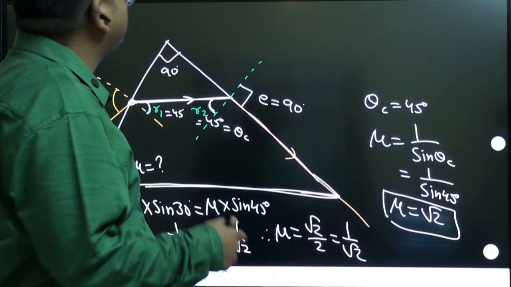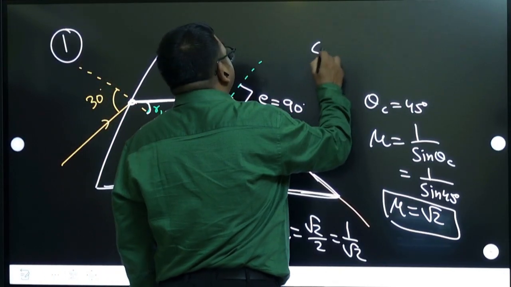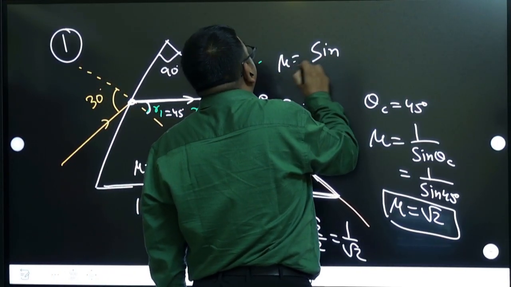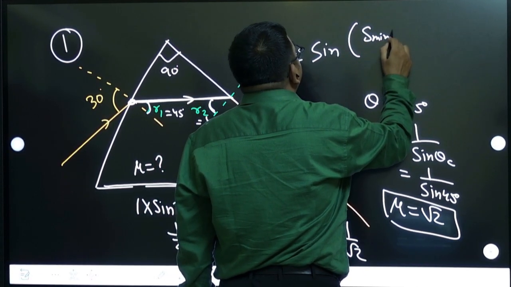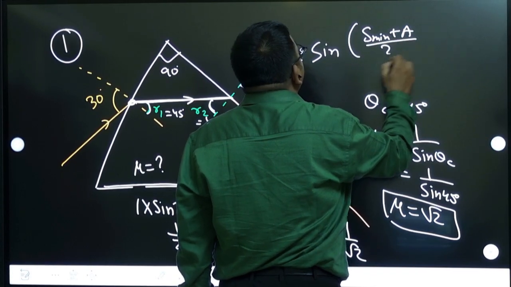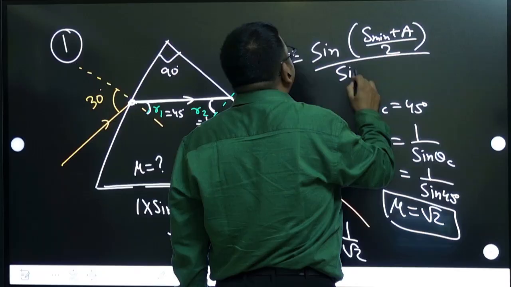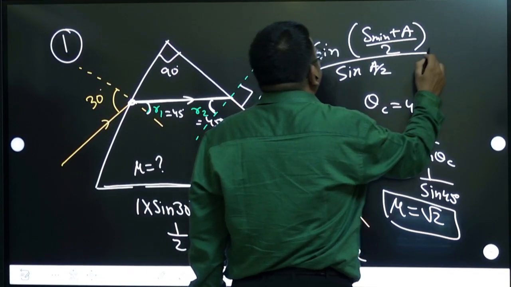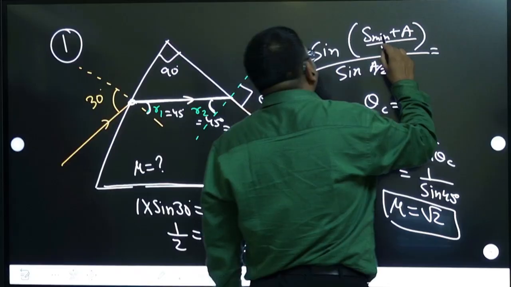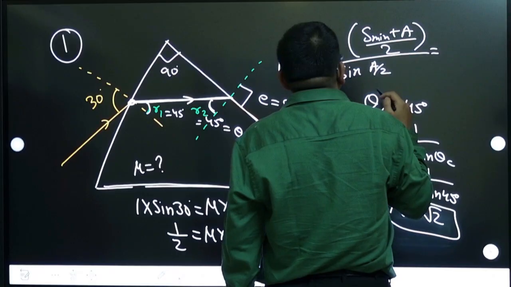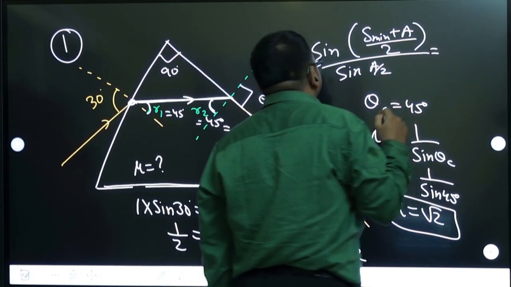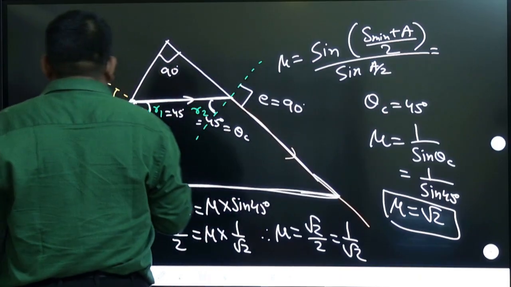You may be thinking that I use that formula, right? Mu value is equal to sine of (delta minimum plus A) by 2 divided by sine of A by 2. Correct. So here you are using minimum deviation. Minimum deviation you have got it. How much minimum deviation did you get?